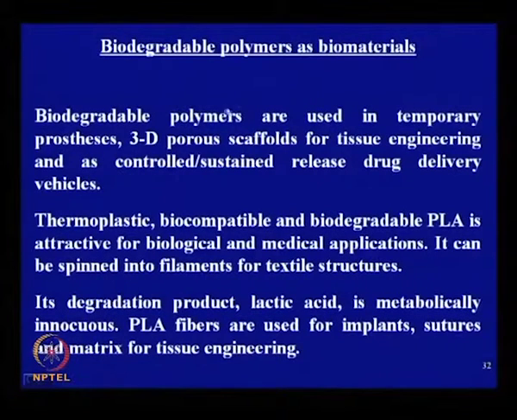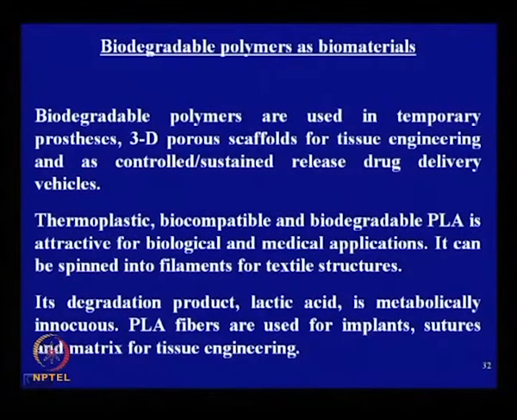Now, look at biodegradable polymers as biomaterials. Could you tell me one example of biodegradable polymer? PLA, you should say immediately polylactic acid, polyglycolic acid, a copolymer of polylactic acid and glycolic acid, those are biodegradable polyesters.